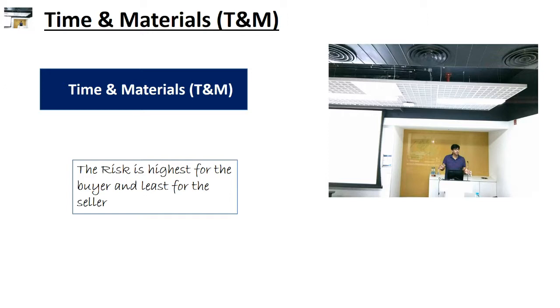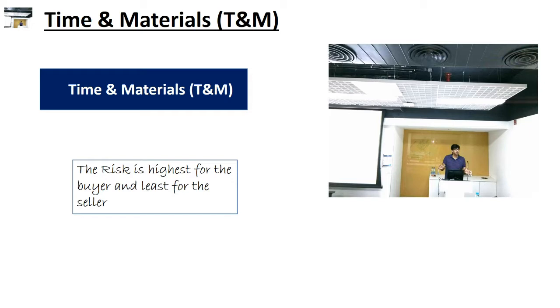Now, a time and material contract is a hybrid contract that includes features of both fixed price and cost reimbursable contracts. They resemble cost reimbursable contracts in that they can be left open-ended and may subject the buyer to cost increase.